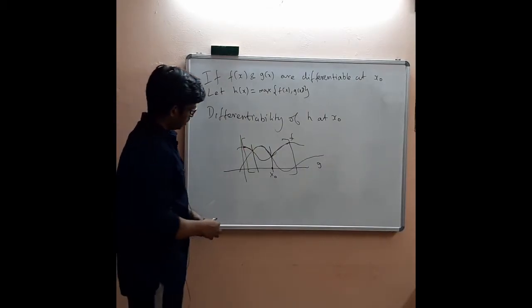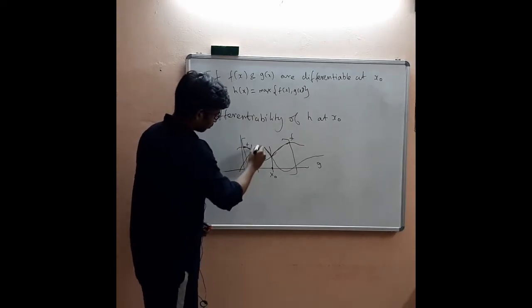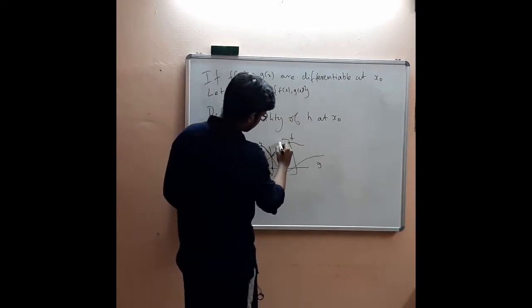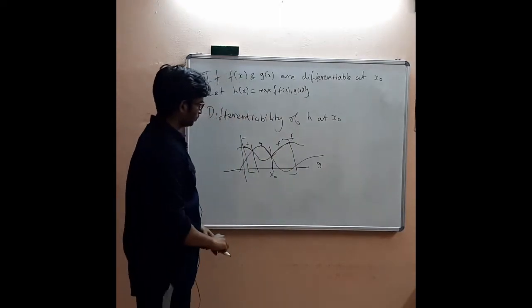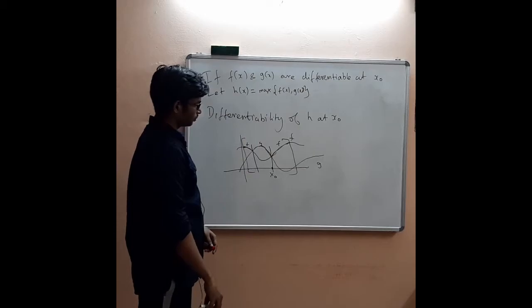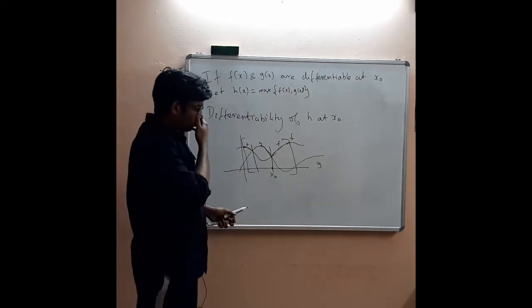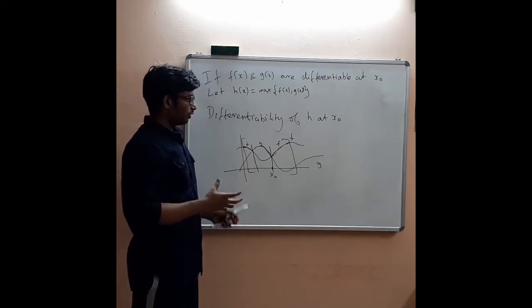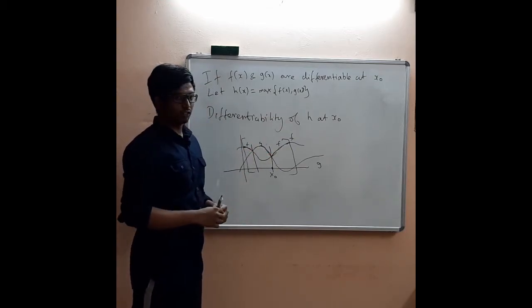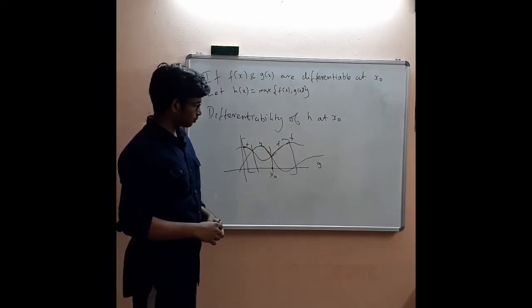So here h will choose the values of f, here h will choose the values of g, and here h will choose the values of f again. And we are going to think about the differentiability at x naught. So we are going to think in general at what conditions we can assure that h will be differentiable at x naught.